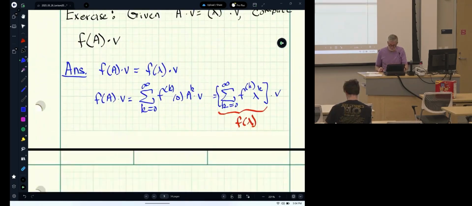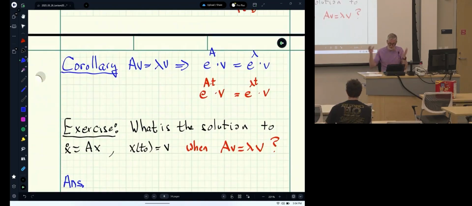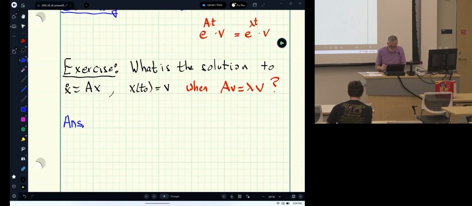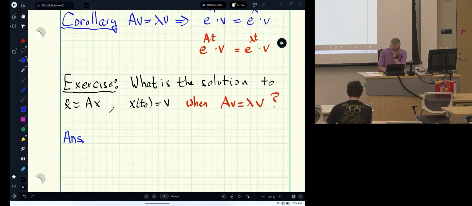The matrix exponential times an eigenvector is the scalar exponential of the eigenvalue times the eigenvector. So the answer is x of t equals e to the lambda (t minus t0) times v.